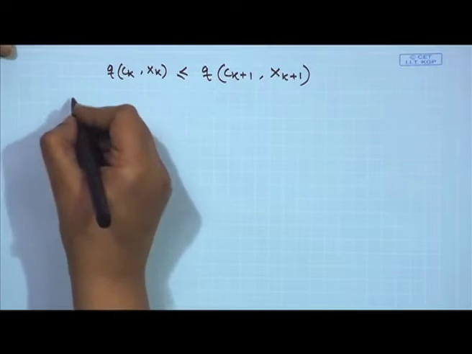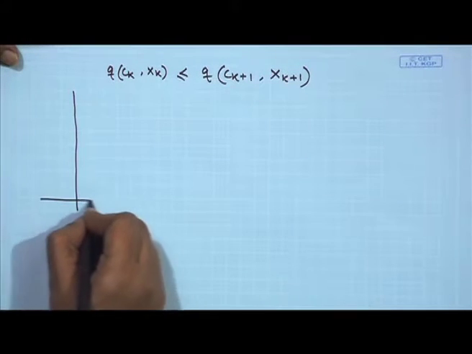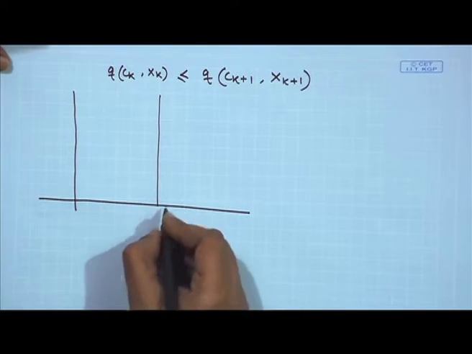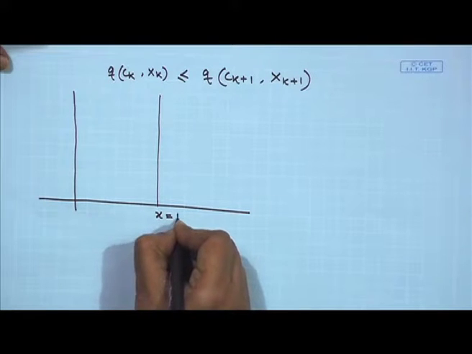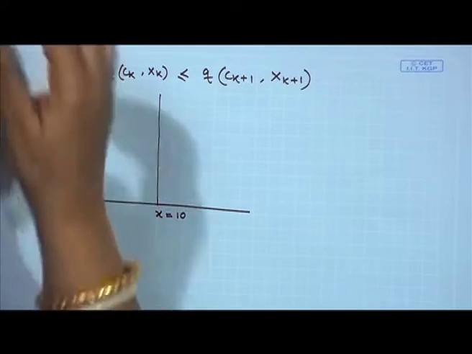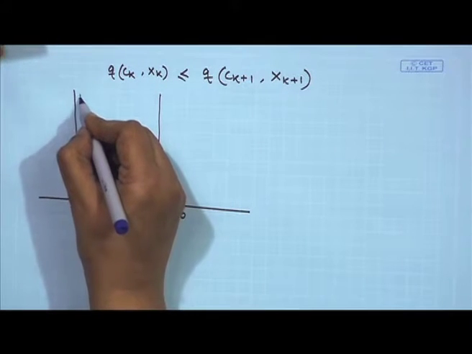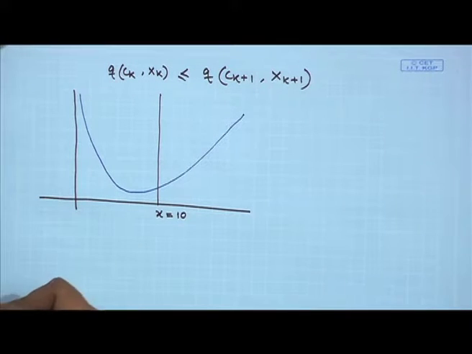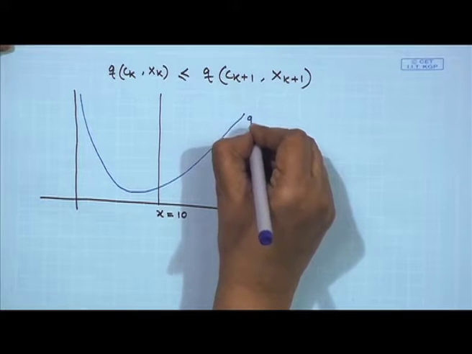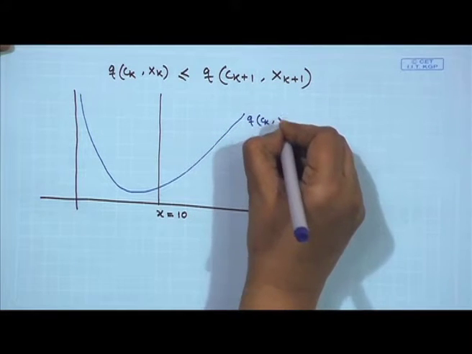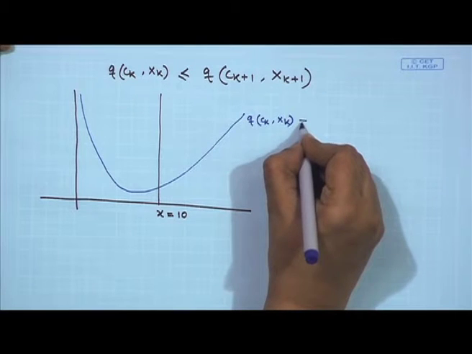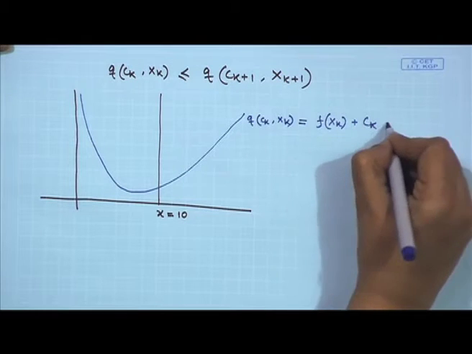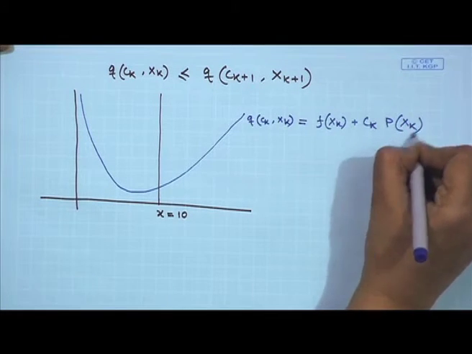Let me consider the graphical picture of it. Now if we remember, we have considered the previous problem, x equal to 10, and for Ck, say this is the graph of Q(Ck, xk). Q(Ck, xk) is equal to f(xk) plus Ck P at point xk.